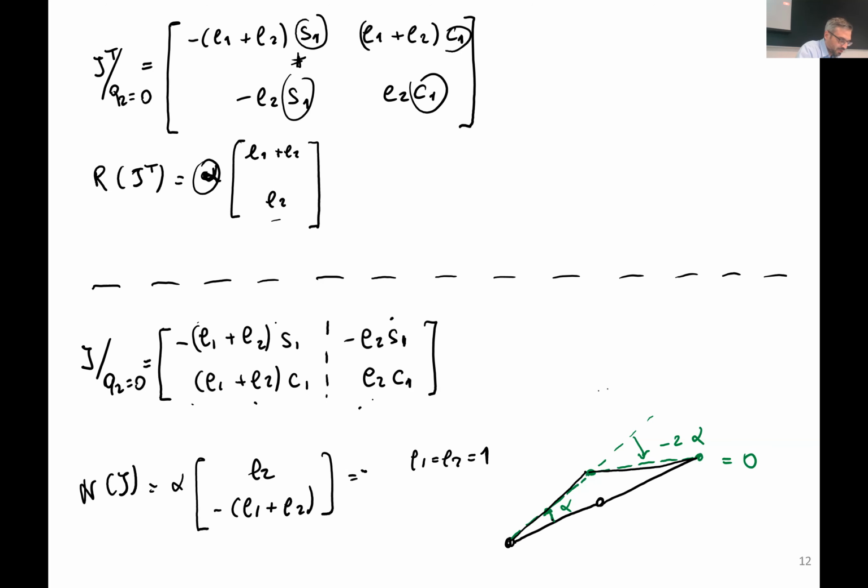Whatever motion you are giving to this joint in this direction, the other one should be minus that motion, minus 2, the double of this motion in the opposite direction, and this will make such that this point doesn't move, which is exactly what we want to represent with the null space, that we move the joint, but the end effector doesn't move. It just comes out from the expression of the null space.